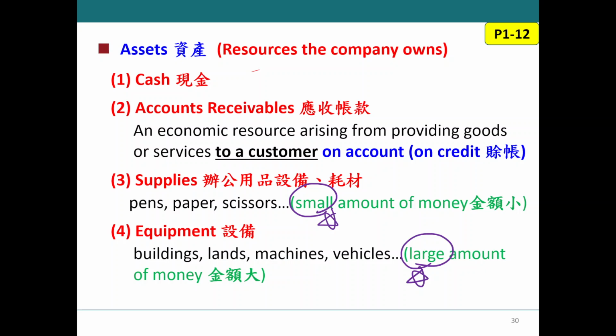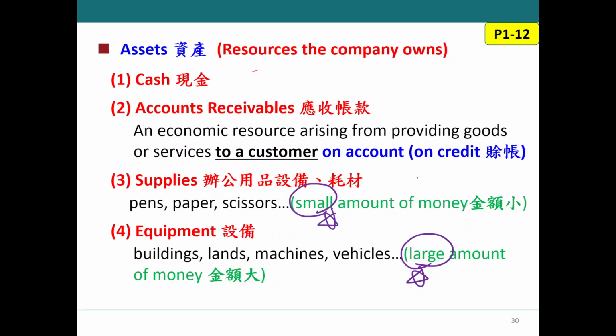But when you buy a printer with the amount below $10,000, we will define it as supplies. So did you find out how to define whether it's your supplies or your equipment? Depends on the money, okay, in our school.